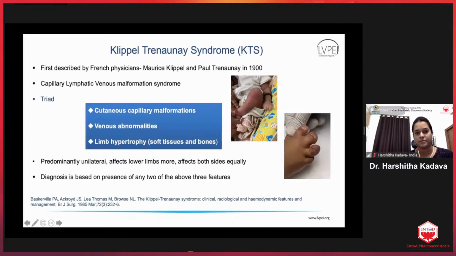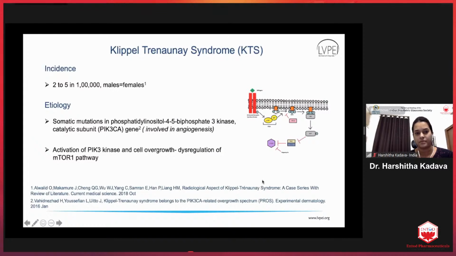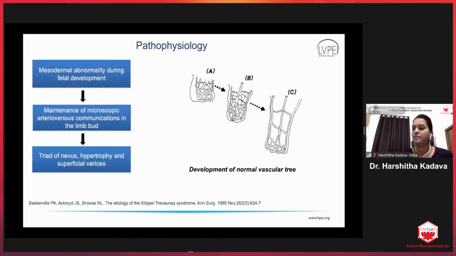Klippel-Trenaunay syndrome is characterized by the clinical triad of cutaneous capillary malformations, venous abnormalities, and soft tissue hypertrophy. There are somatic mutations in the PIK3CA gene in Klippel-Trenaunay syndrome, which lead to cellular overgrowth and dysregulation of the mammalian target of rapamycin pathway.